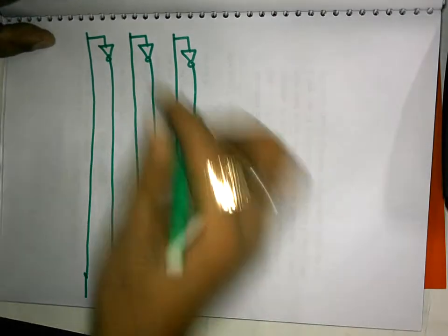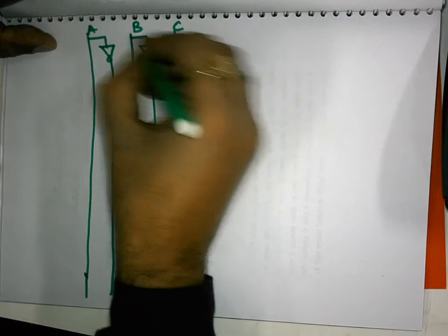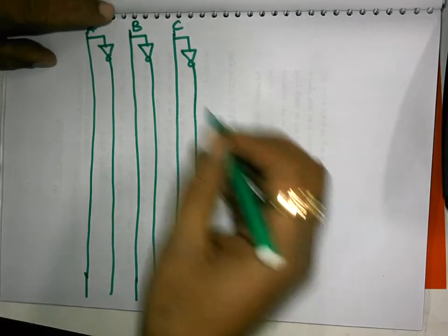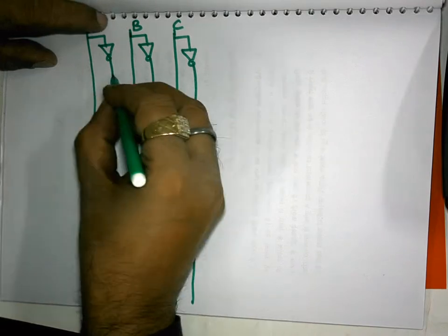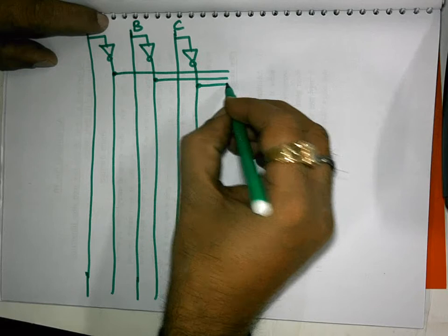This is the 3 to 8 decoder where A, B, C are the input lines. Naturally, this will be A bar, B bar, C bar.